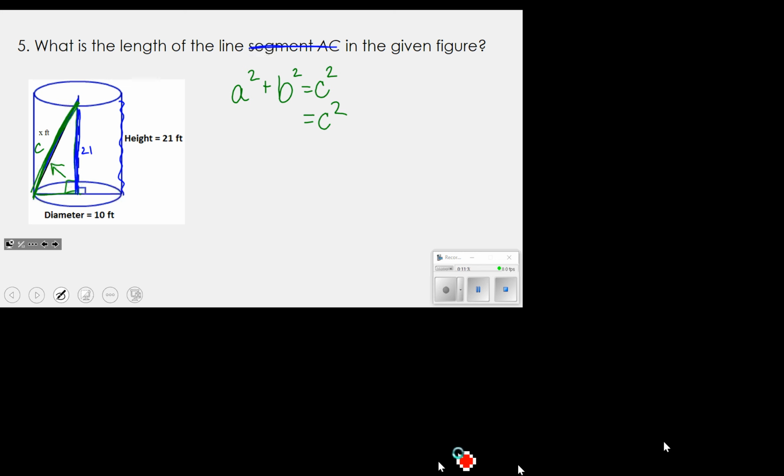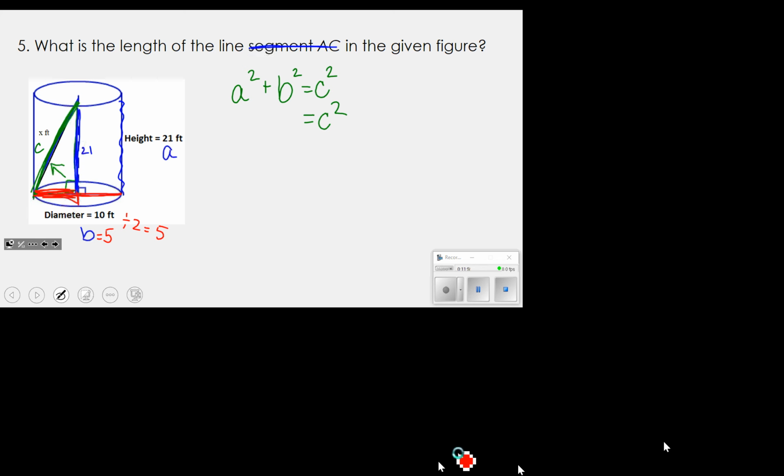So I'm going to use that as A. And so down here we're going to use B. But we have to look and see that we actually have the diameter, which is all the way across, is 10. And we only need this part, which is half, for our triangle. So we're going to divide that by 2 to get 5. So the B is 5.